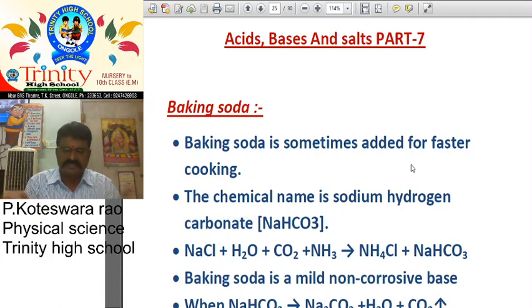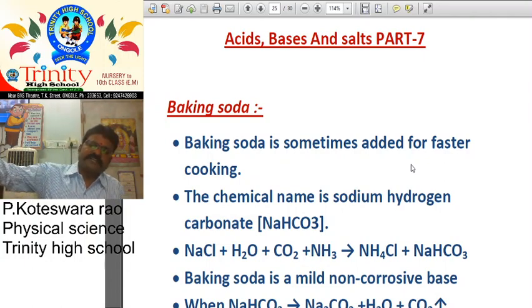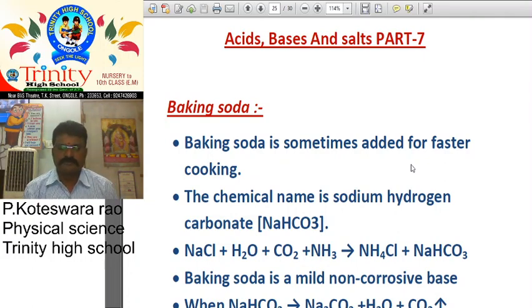What is the difference between these two? In the bazaar, the pakodi prepared outside, they add more baking soda. But in our house, we add just a little bit of baking soda. So if you add baking soda, what happens? It can give faster cooking, so they can save their gas.